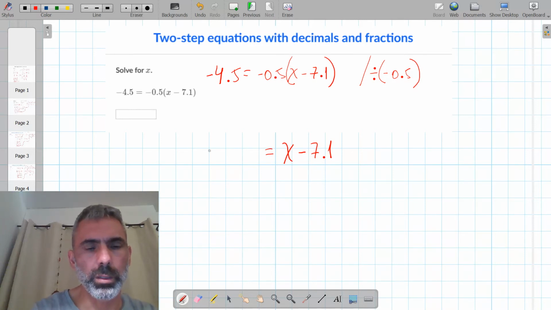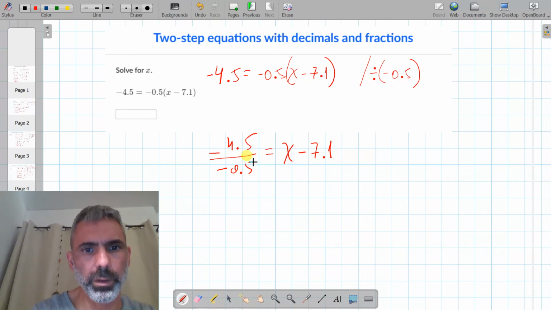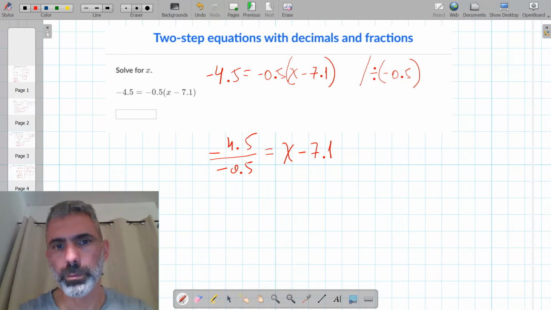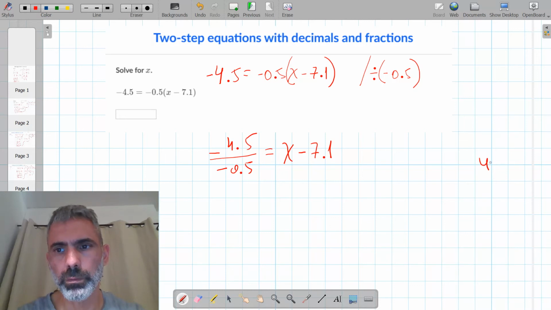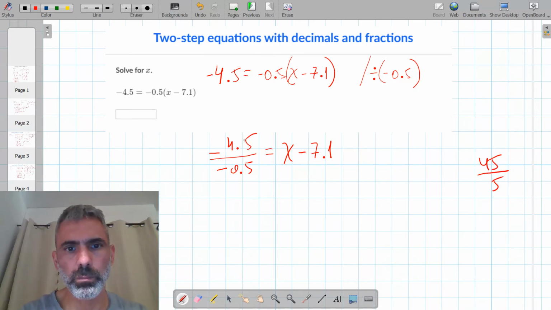And on the left hand side I have minus 4.5 over minus 0.5. Okay, which is the same thing as 45 over 5, because I've multiplied both the numerator and the denominator by 10.